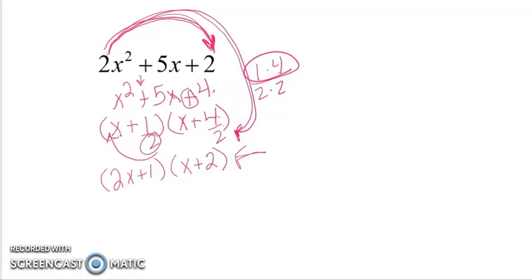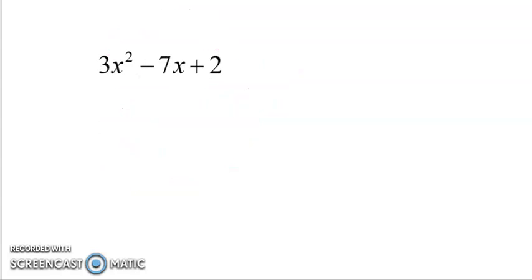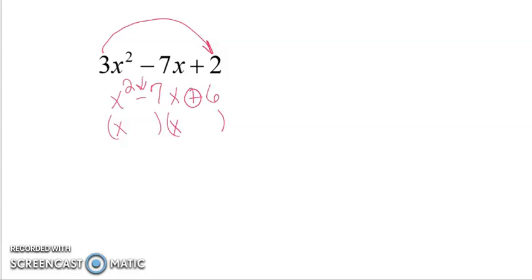Okay, so let's try one. We'll try this next one. We're going to slip this back here and multiply. 3 times 2 is 6. We're going to factor. Split the first term. This tells you they're the same, and that tells you they're minuses. So both of them are minus. So factors of 6 that add up to 7.